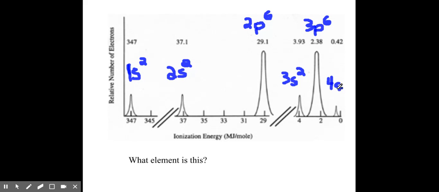It's close to 0, so it gives me a clue that it's going to be probably a 4s1. Now notice that it's about half the size of this peak, which is a full peak of 2, so that's going to be 4s1. If I look at the periodic table, the one that has a 4s1 is in the fourth period. In the s block, the first one is going to be potassium, K.